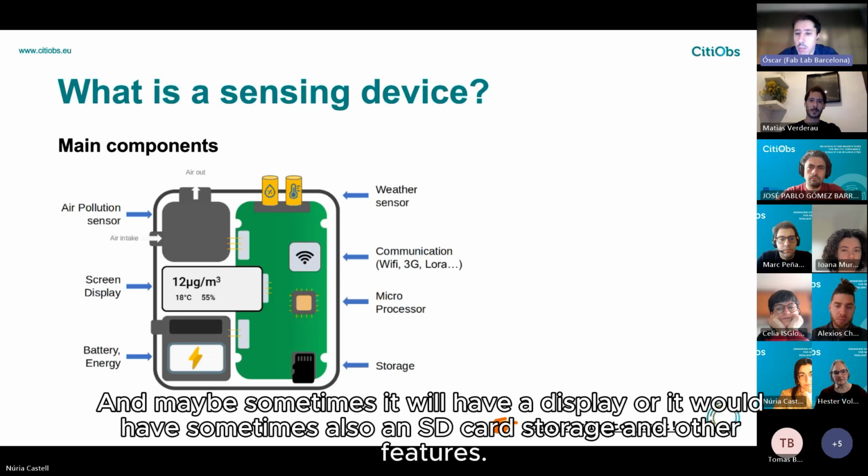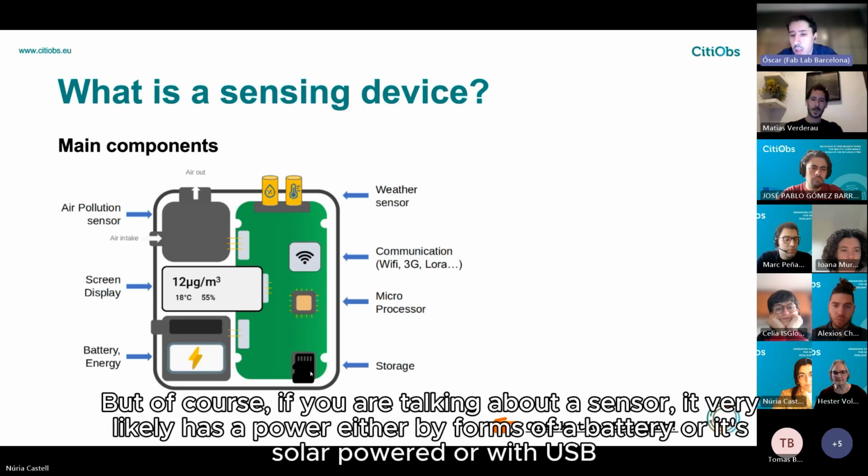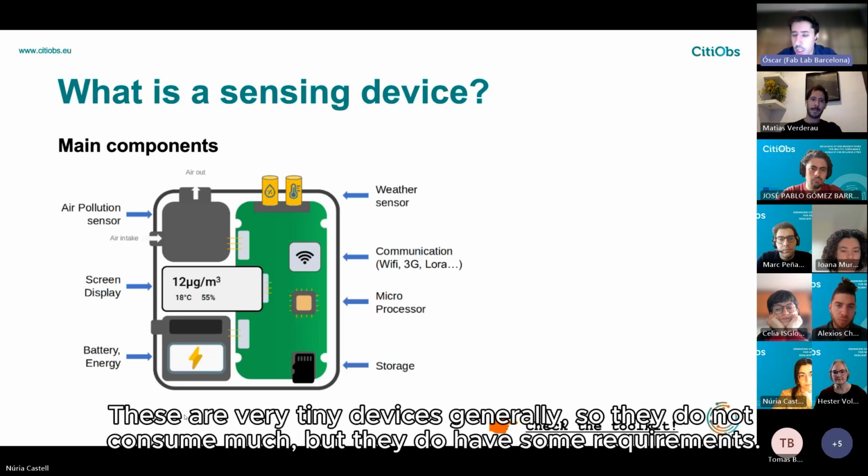And maybe sometimes it will have a display, or sometimes also SD card storage and other features. But of course, if you are talking about a sensor, it very likely has power, either in the form of a battery, or it's solar powered, or with USB. These are very tiny devices generally, so they do not consume much, but they do have some requirements.